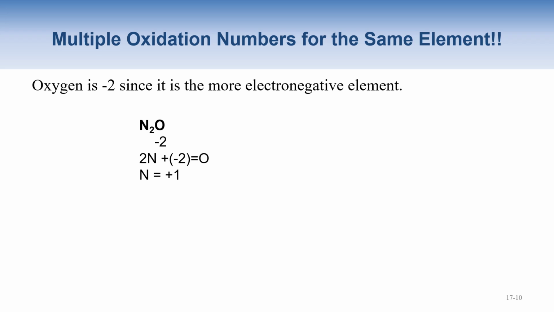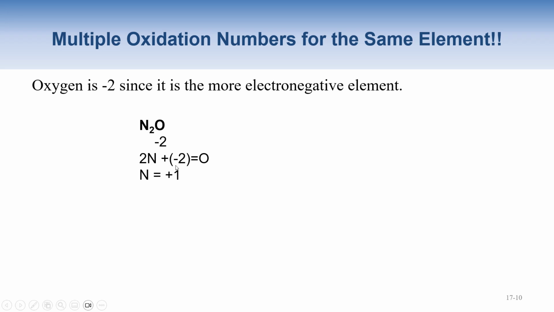So oxygen is -2 since it's the more electronegative element. So when we're tackling this first one, we give a -2 to oxygen. So then we have 2 of the nitrogen, plus we have 1 oxygen, which is -2, and since the whole thing doesn't have a charge, we're going to set that equal to 0.